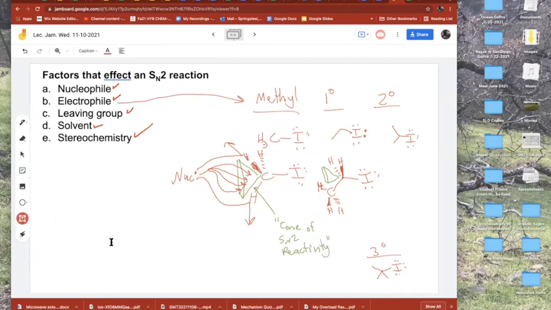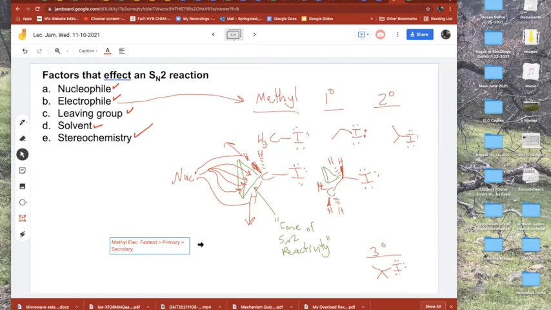So methyl is fastest. Who's next most fast, do you think? Then primary. Then secondary.